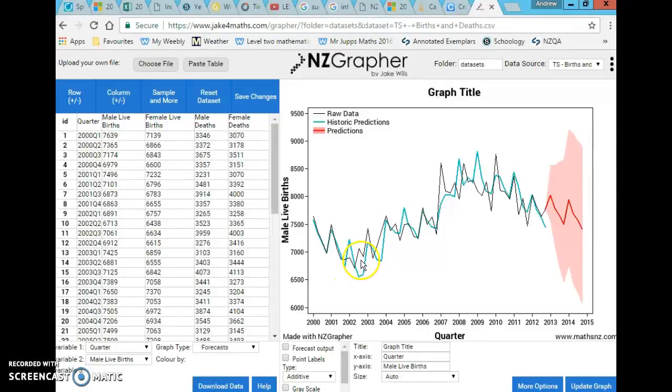Because I can see quite big discrepancies between the raw data and the model. That's a big residual right there. The other thing that I knew that the residuals were big is because of the width of this confidence interval, right? The red line's the predictions, and this width of confidence interval is growing rapidly.